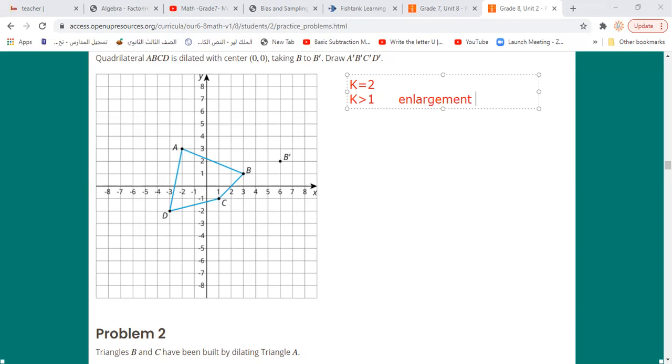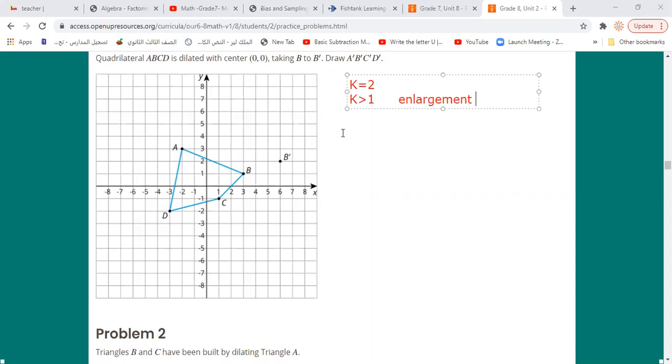Larger, okay? In case we have a question like this, first we calculate the scale. The scale was 2. Then we compare K with 1. K is more than 1. Then you will expect that the image will be an enlargement or stretch of the pre-image.